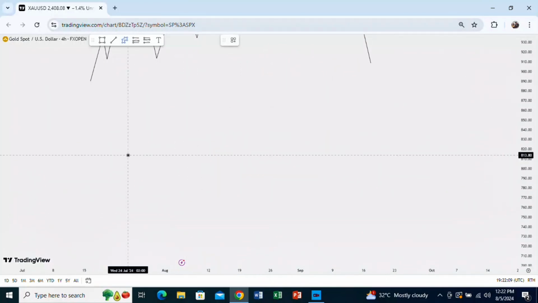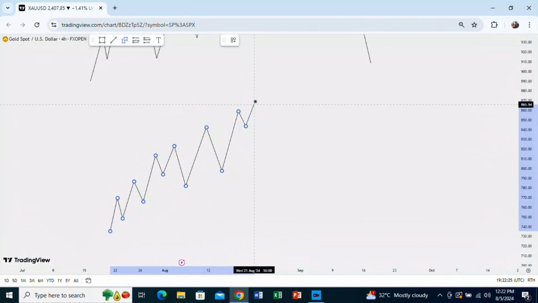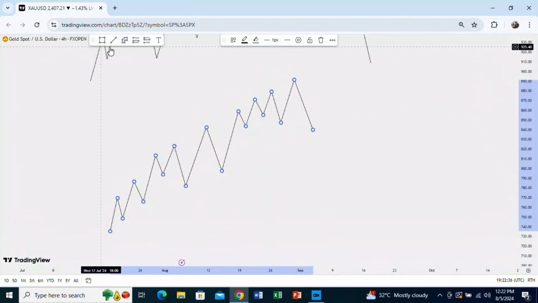What is change of character? Let's suppose the price was going up, was trending, you got an IDM, you got a breakout structure. Now the price comes down into this order block and then it pumps. But when it reaches a certain resistance on a higher time frame, after the IDM and breakout structure, the price closes below the last valid swing low.